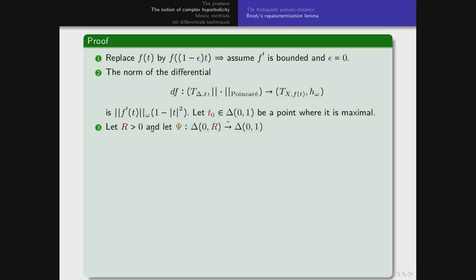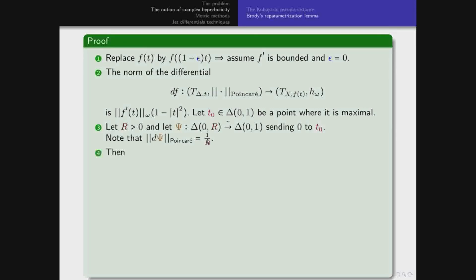And we take a reparametrized map psi from this disk of radius R towards the disk of radius 1, and we send 0 to t0. Okay, so it's not hard to see by the properties of the Poincaré metric that the norm of the derivative of psi in the Poincaré metric is just 1 over R.